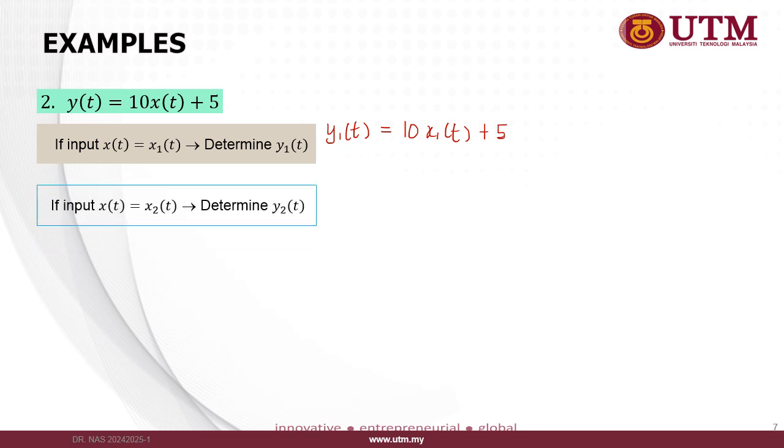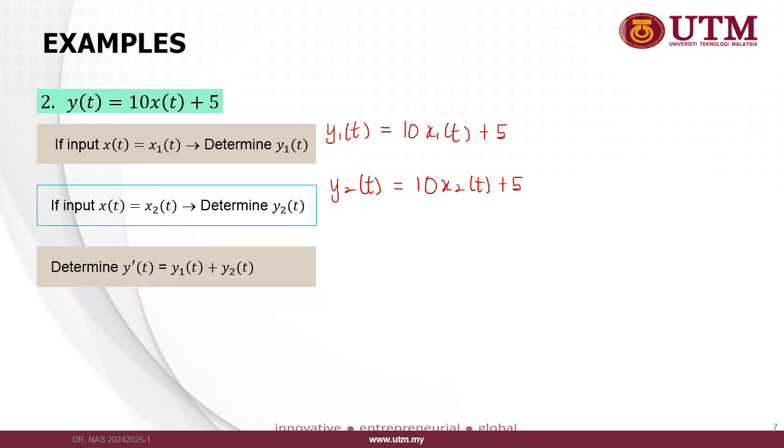Second step, for x2(t), you need to determine y2(t). So y2(t) equals 10x2(t) + 5.